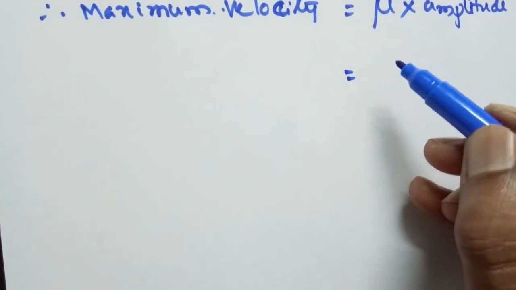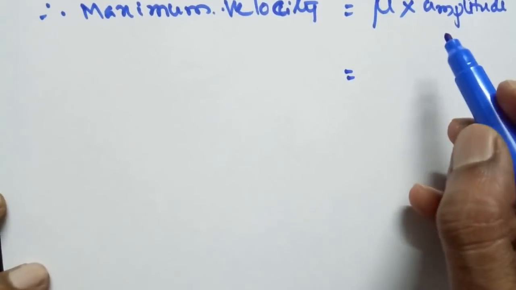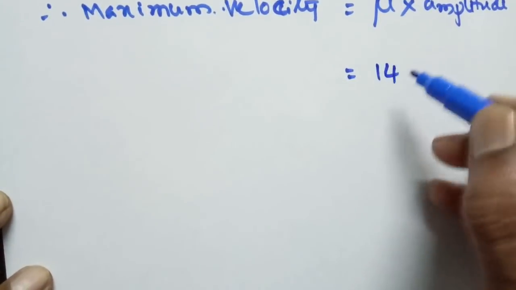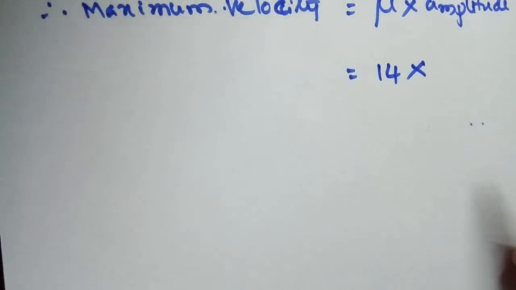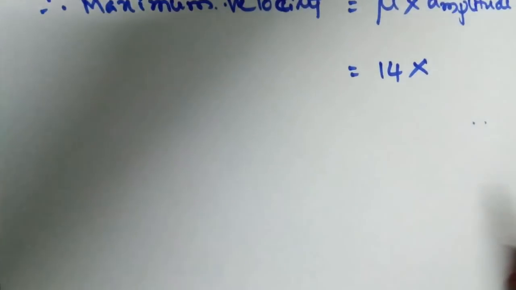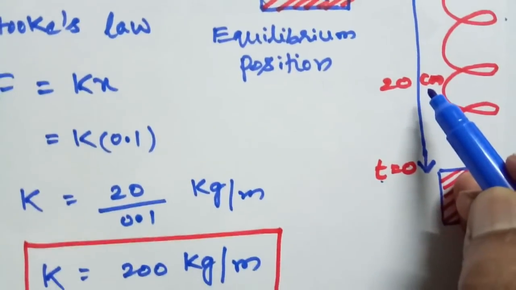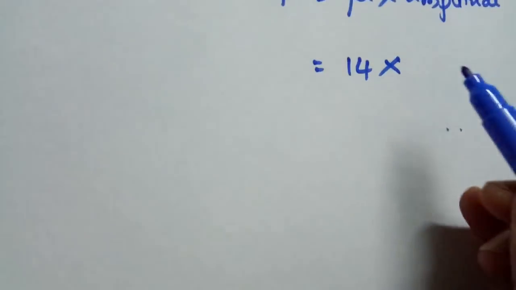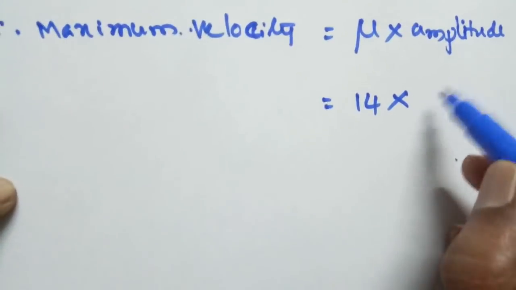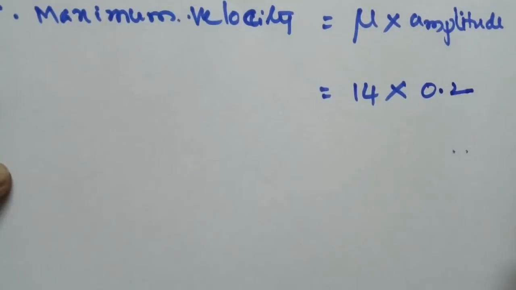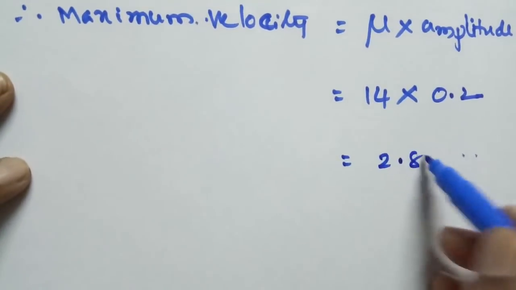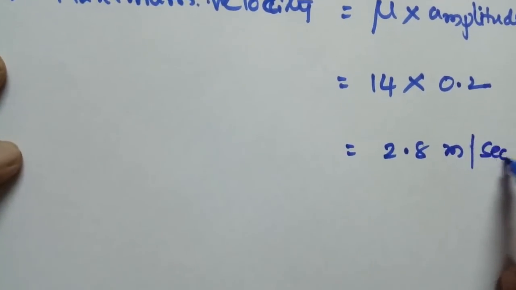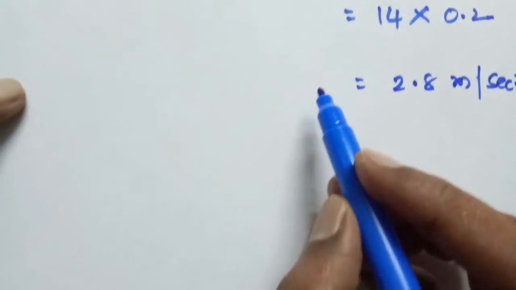Mu value we already found out, mu is equal to 14, into amplitude. Amplitude is the maximum distance, that is 20 centimeters, since we pulled it down to 20 centimeters. That is 0.2 in meters. Therefore this is equal to 2.8 meters per second. This is the maximum velocity.